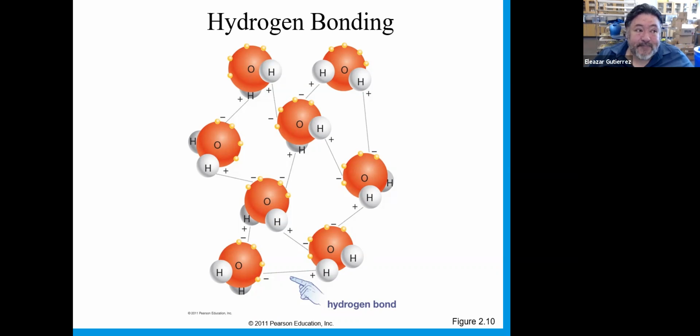Do we care? Yeah, we care, because what ends up happening in life is that ice and cold water end up functioning as insulation for ecosystems, and it ends up keeping essential heat in the ecosystem. And this is yet one more reason why water is a precursor to life. Okay.